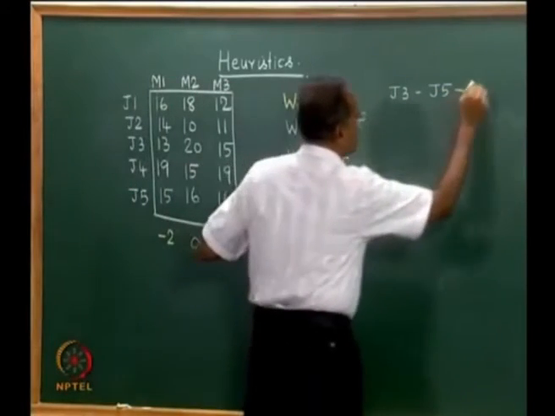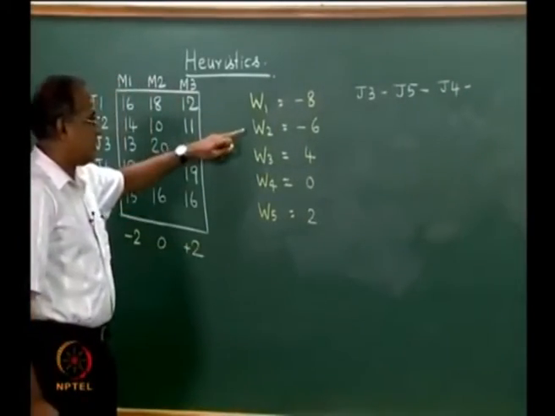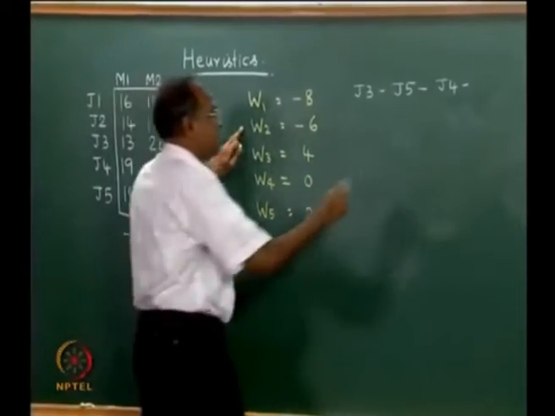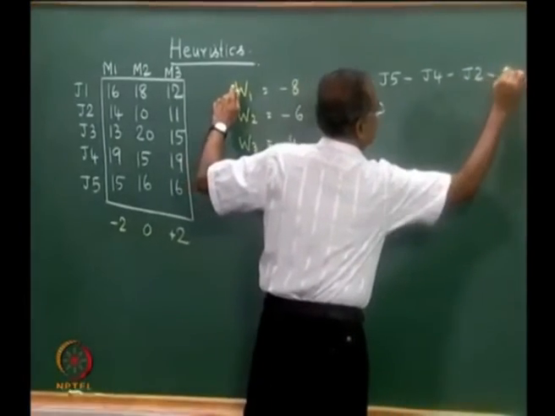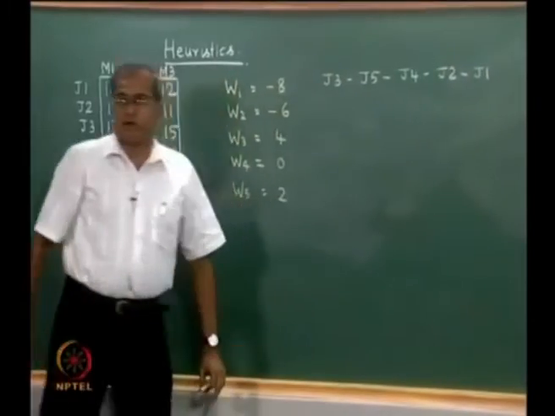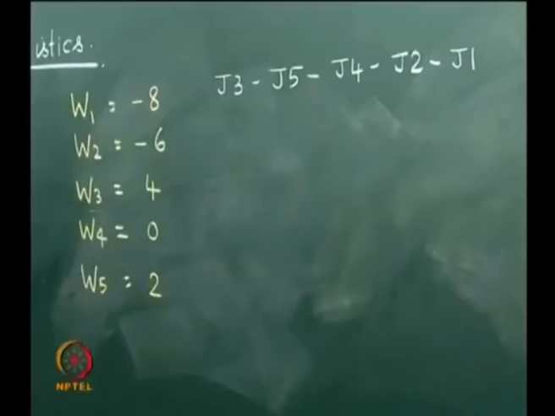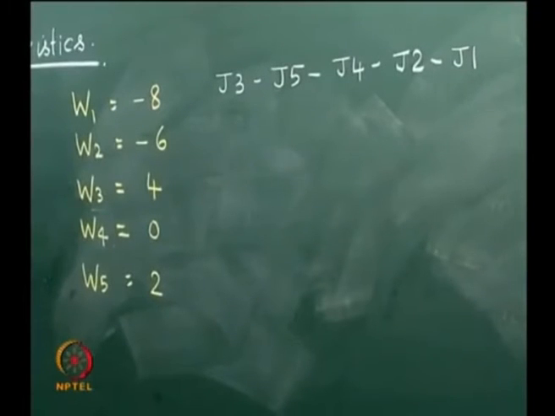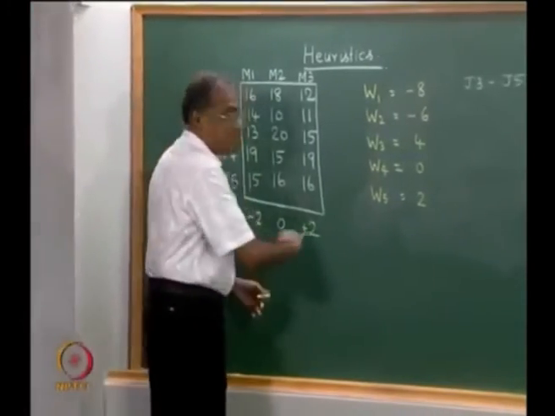So, J4 comes third, the next one is -6. So, J2 comes here, and the last is -8, J1 comes here. So, this is the sequence that we get if we compute a weight for each job based on a weight given to each machine.